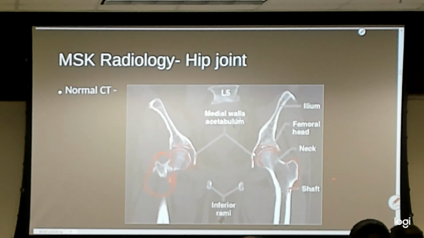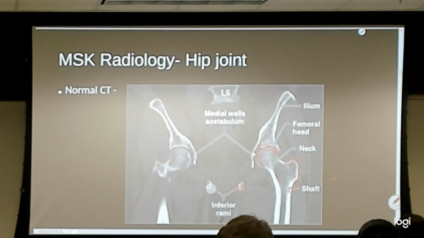This little blob is the lesser trochanter, but it's hard to appreciate when it's not attached to anything. But if you scrolled forward and aft, you would be able to see that. And then we got a cross section of the rami as well before they made that nice typical donut that we're used to seeing. We did actually get a very degenerated L5 into this particular CT as well.